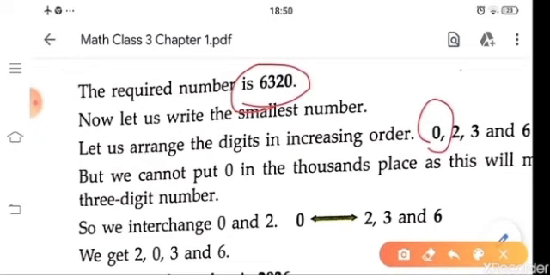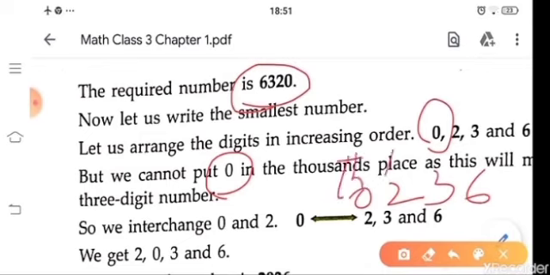But we cannot write 0 at the thousands place. Why, children? Because just see the number. If we write 0, 2, 3, 6, this is the thousands place, hundreds place, tens and ones. If we write 0 at the thousands place, then the number becomes 236, because you know that 0 means nothing.